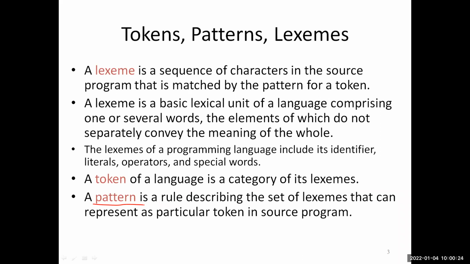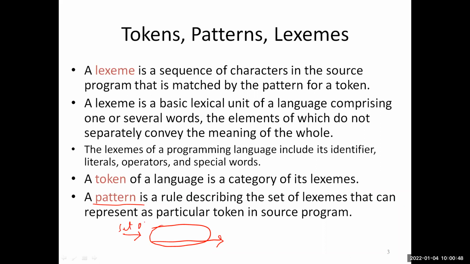Token is the output, right? Pattern is a rule. Now, the lexeme is the sequence of characters which is matched with the pattern to identify the token. So the moment I start reading the source program from left to right, we are going to identify a set of characters.